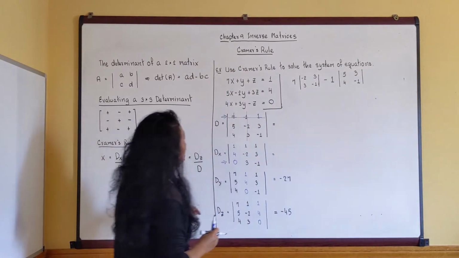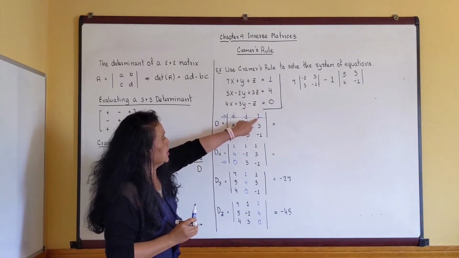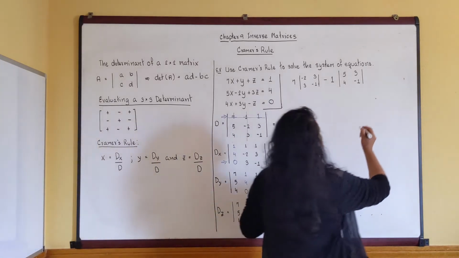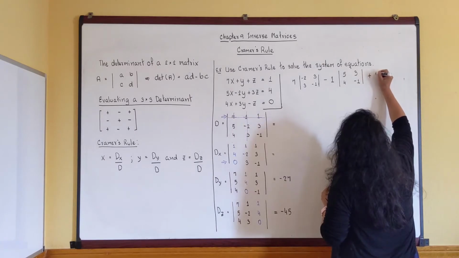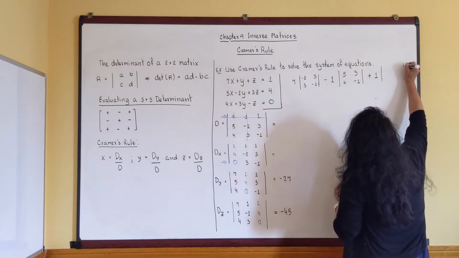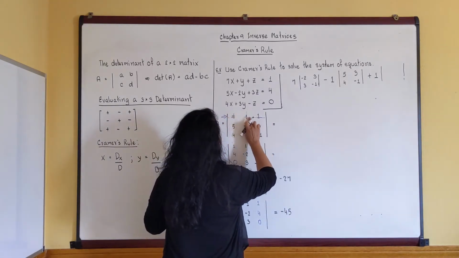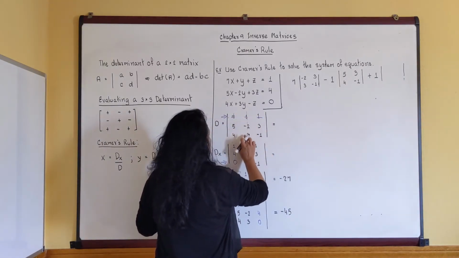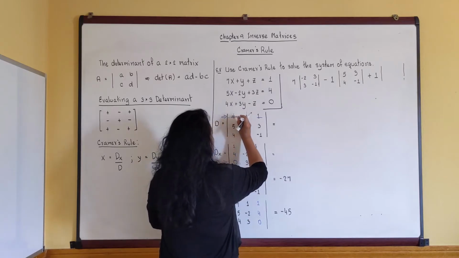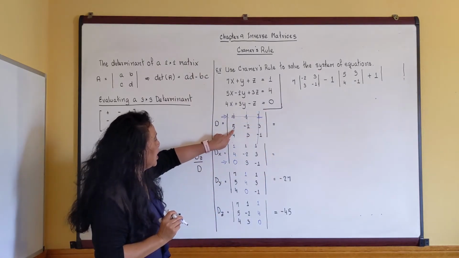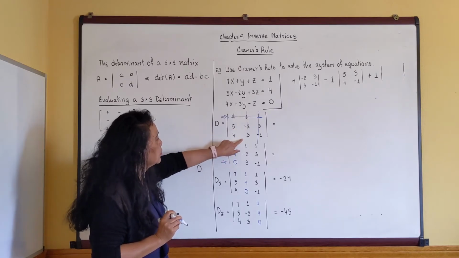So the next one is going to be this one, and the sign is plus. So I'm going to have plus 1, and then I'm going to cross out this number. So I'm left with 5, negative 2, 4, and 3.